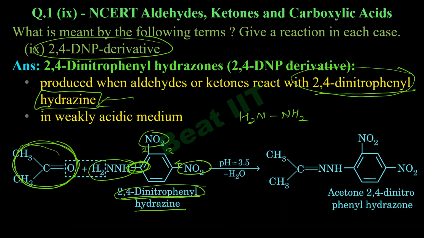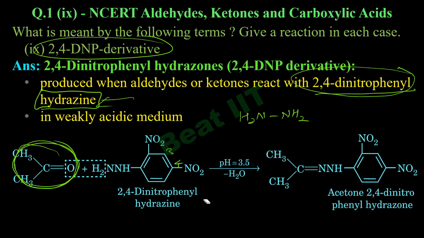So 2,4-dinitrophenyl hydrazine when reacted in acidic medium, dehydration takes place. So what actually is happening here, if you see this dehydration taking place and C=N bonds are joining. So these are 2,4-dinitrophenyl derivatives.